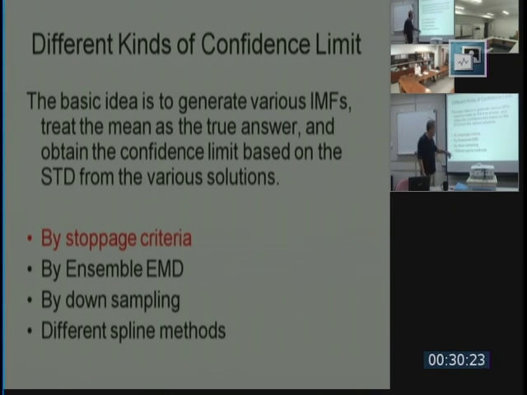In that way, if you divide the data into 10 and do 10 downsampling, you have 10 to the 10th power different combinations of downsampled data. Then you can have an average.